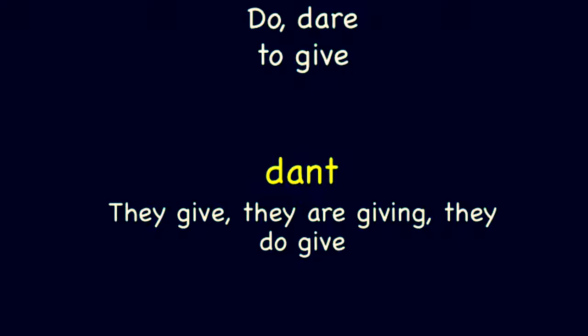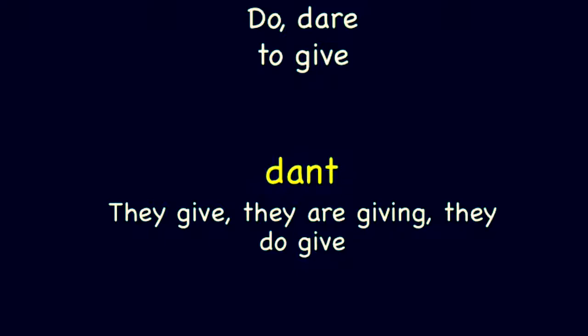One final example returns us to the verb to give, do, dare. Notice that this time the verb ends with the inflection nt. Whenever we see nt on a verb, we must know that the verb is written in the present tense and that the subject is they.